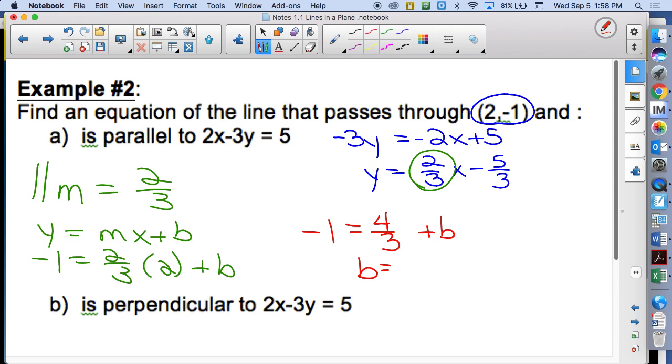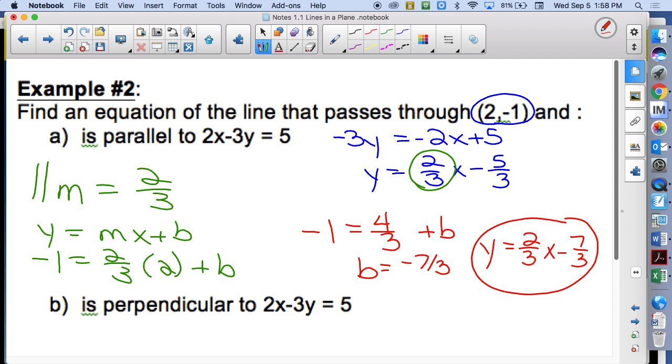Anybody know what -1 minus 4/3 is? Virginia? -7/3. So that equation would be y equals 2/3 x minus 7/3. So these would be parallel because the slopes are the same.